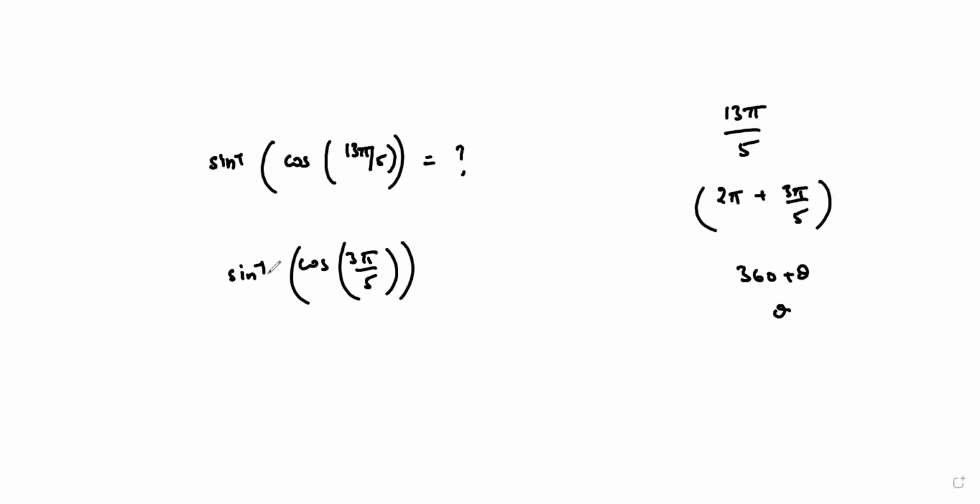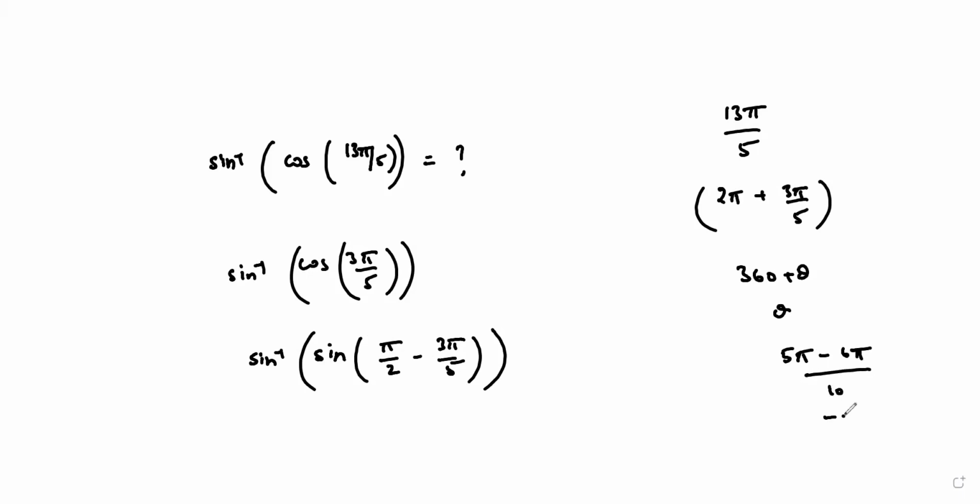So what can I do here? Cos theta can I write as sin of 90 minus theta? Yes. So pi by 2 minus 3 pi by 5, that is 5 pi by 10 minus 6 pi by 10, which is minus pi by 10. That is what I am getting.